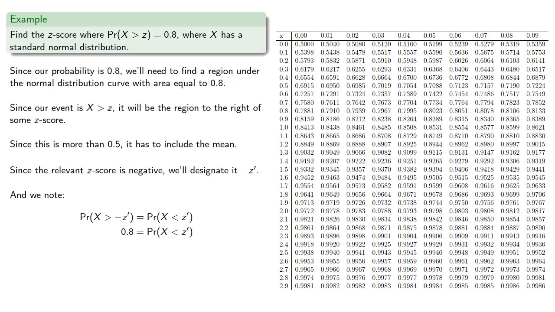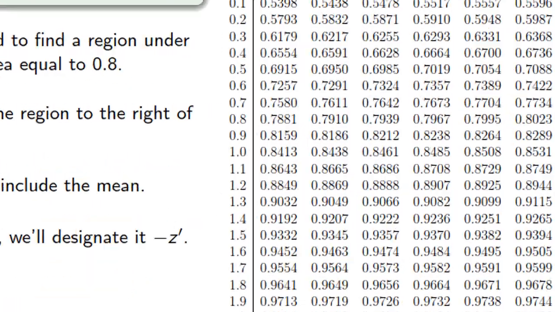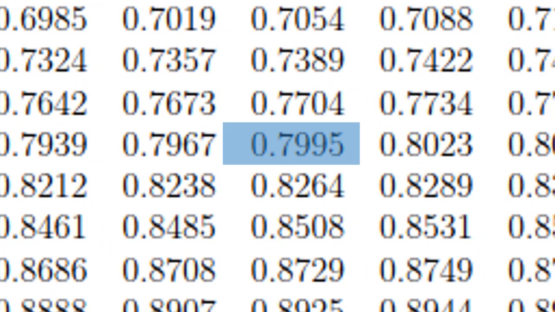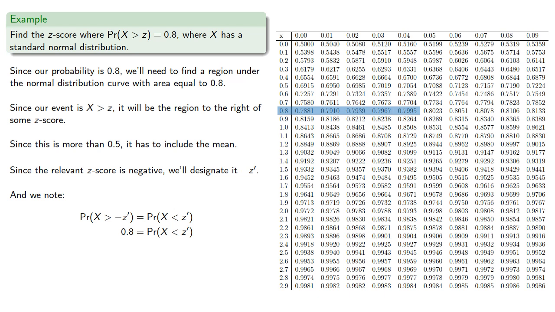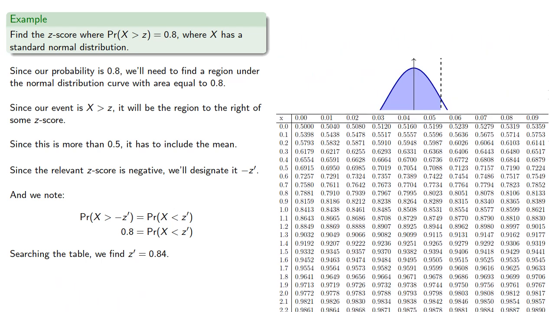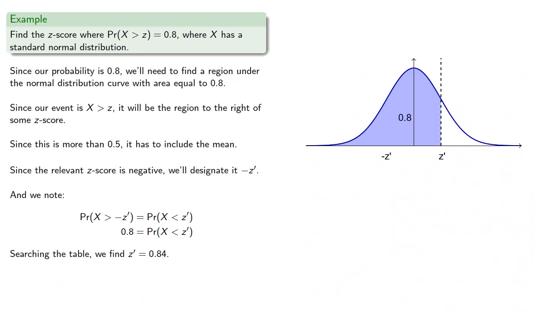So searching the table, we find z prime is 0.84. And since we've drawn a figure, let's go ahead and label it with the appropriate values. And so that means that negative z prime, the z-score we want, is negative 0.84.